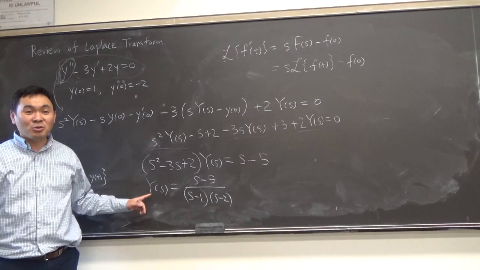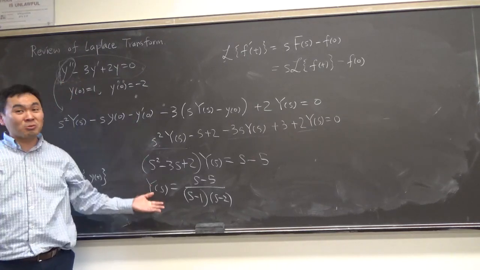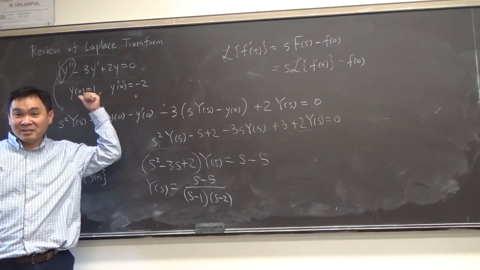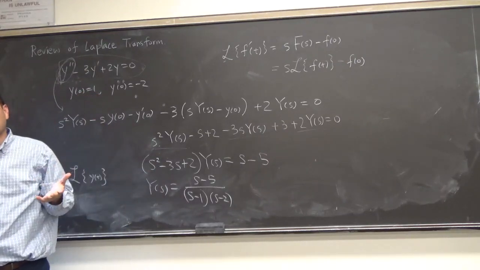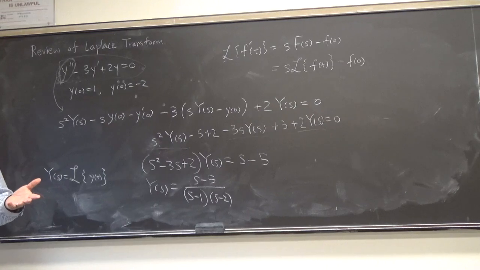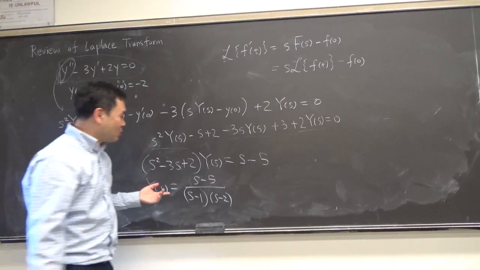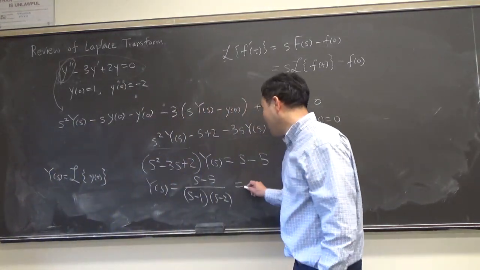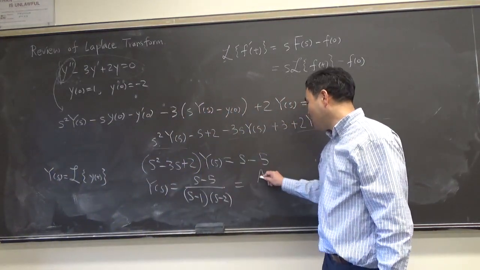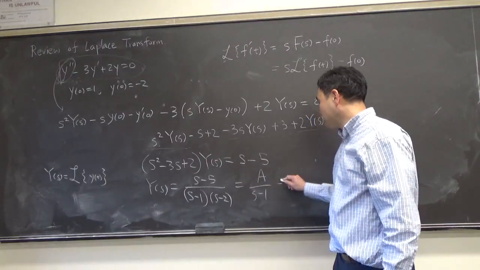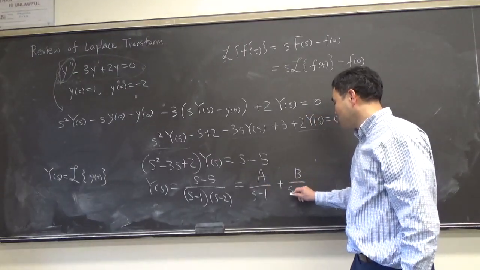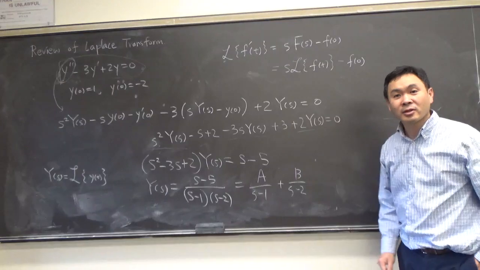You have to figure out what y of t is, so you somehow have to go back. So the immediate question would be, is there an inverse transform? Well, there is. There's a formula for it, but it's impossible to use. Rather, what you do is you say this is some A over s minus 1 plus B over s minus 2.